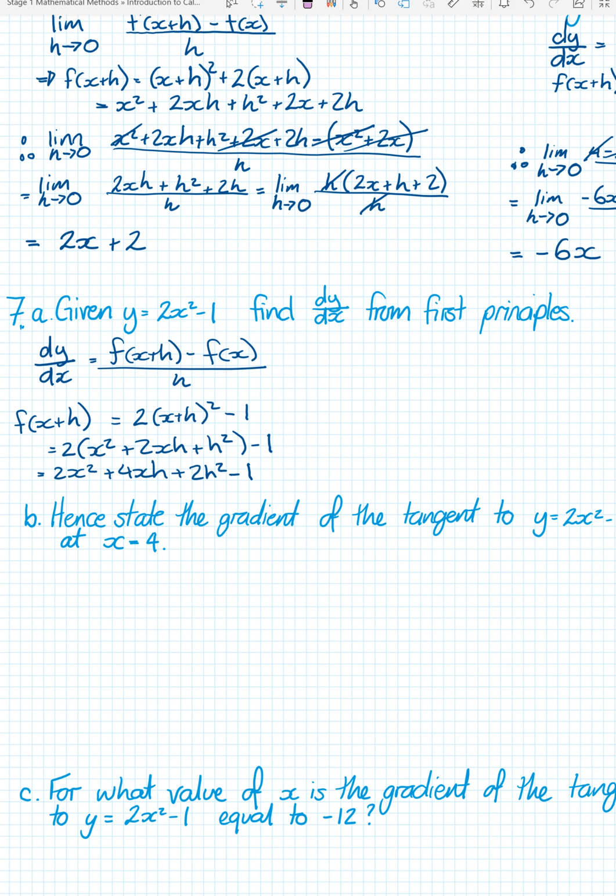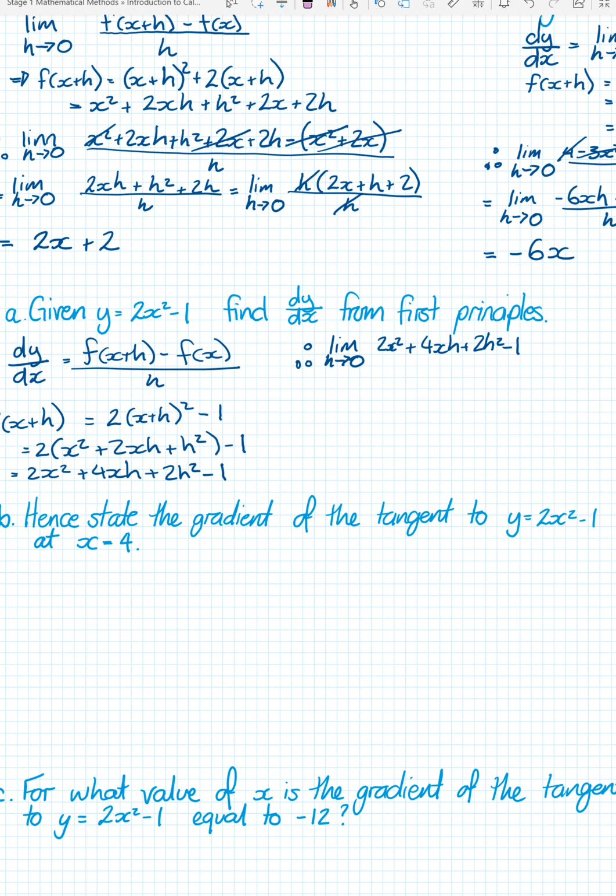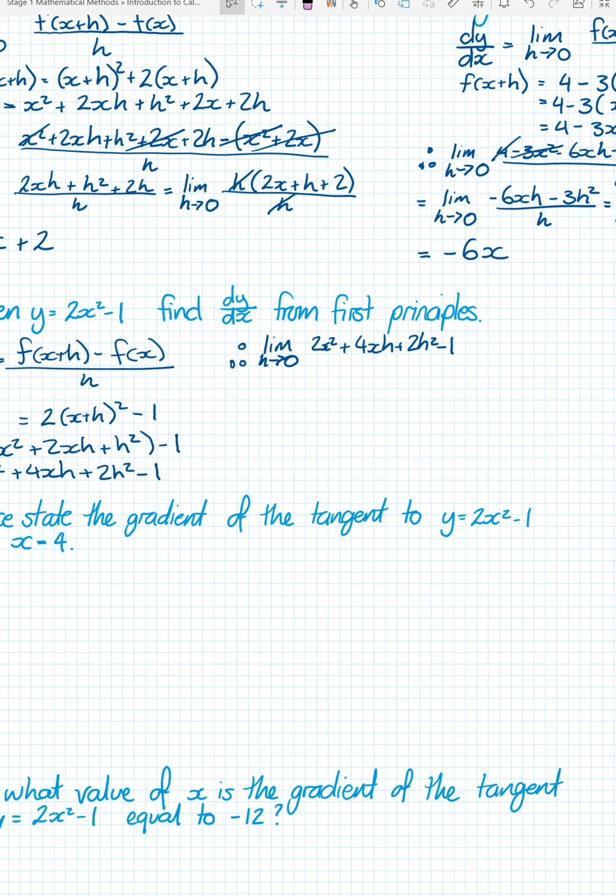Putting that into our formula, we have the limit as h approaches 0 of 2x squared plus 4xh plus 2h squared minus 1, subtract (2x squared minus 1), all over h. So that's equal to the limit as h approaches 0.